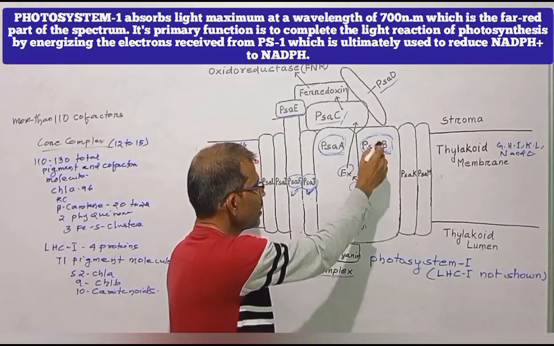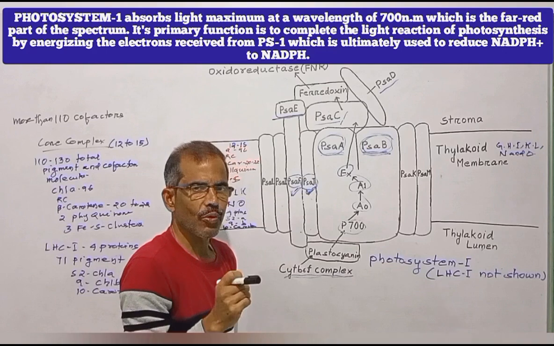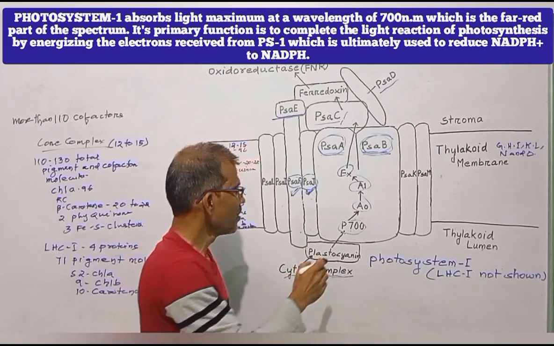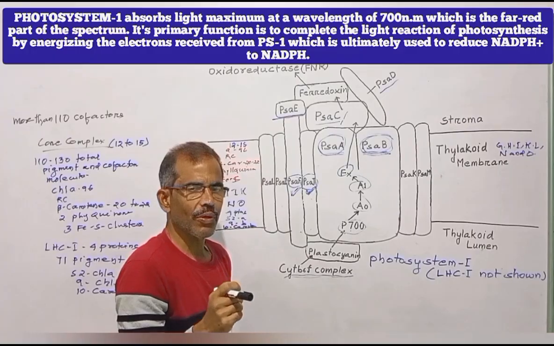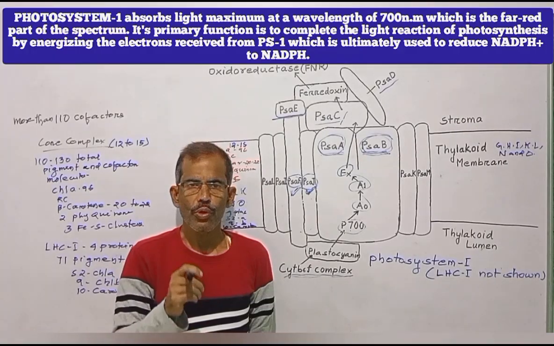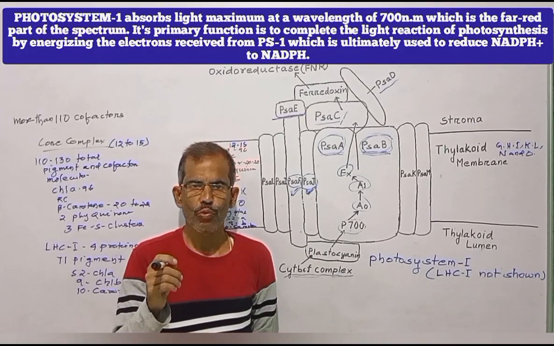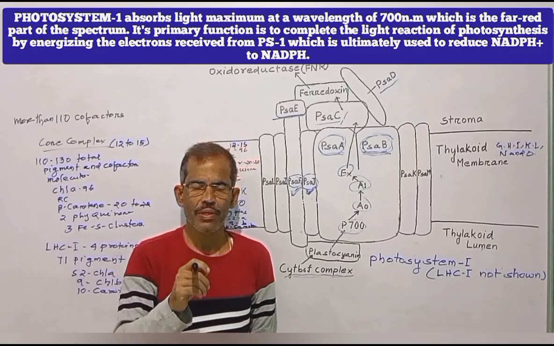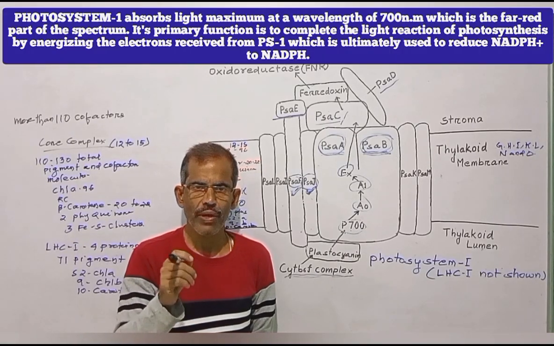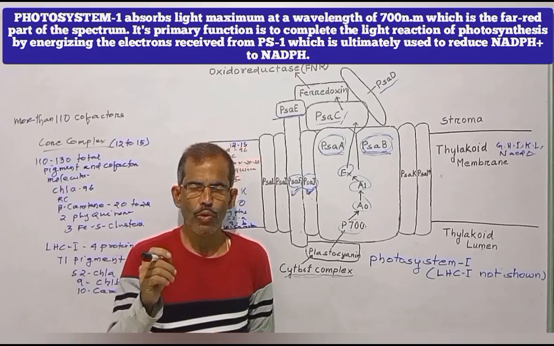These two proteins physically hold the core antenna pigments, the reaction center, and the initial electron carriers. The core complex of photosystem 1 contains about 110 to 130 total cofactor and pigment molecules.